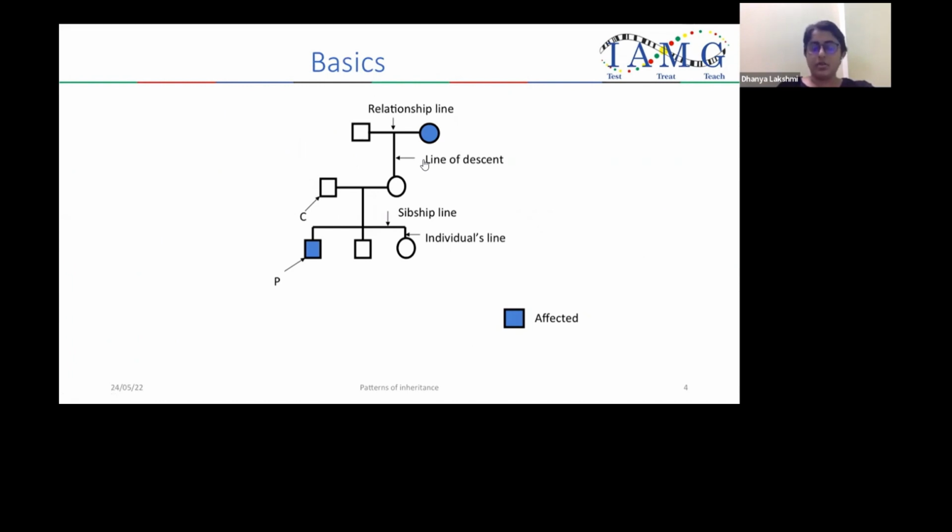A square is a symbol that is used to depict a male, and a circle is a symbol that is used to depict a female. Affected individuals are usually depicted by shading or coloring. If there are multiple conditions seen in an individual, they can be depicted by using different types of shading or different types of lines. And the relationship line is a line that connects 2 individuals, as you can see here in this part.